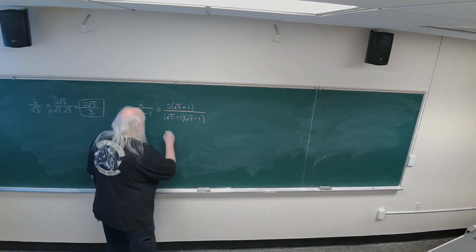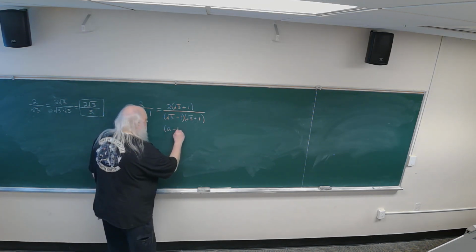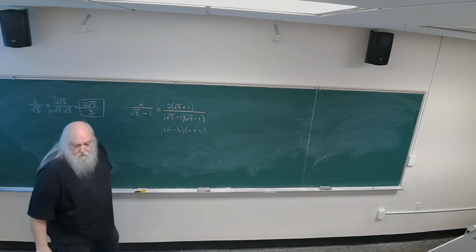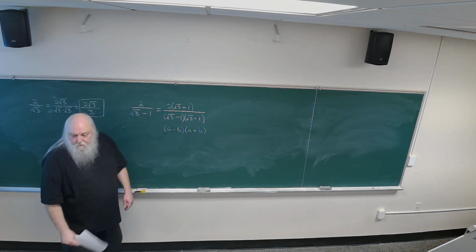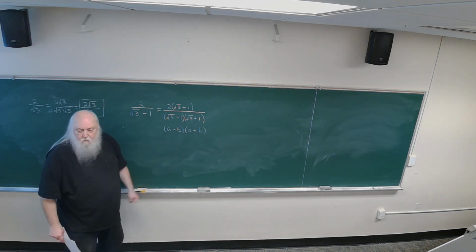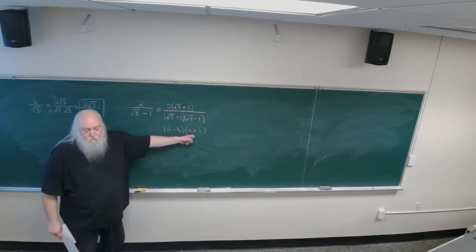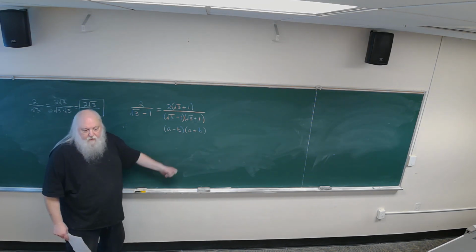So this first factor in the denominator is of the form a minus b, and the second factor is of the form a plus b. So we learned on the bottom of page 2, right? We learned about difference of squares. And this boils down to a difference of squares, a squared minus b squared.